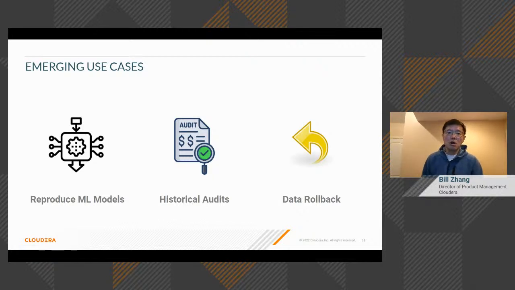In this case, again, we can take advantage of the time travel capability. I can always roll back to a healthy state of the data sets, based on the timestamp or snapshot that I provide. This is a rollback capability that also takes advantage of time travel, the technical feature I mentioned.